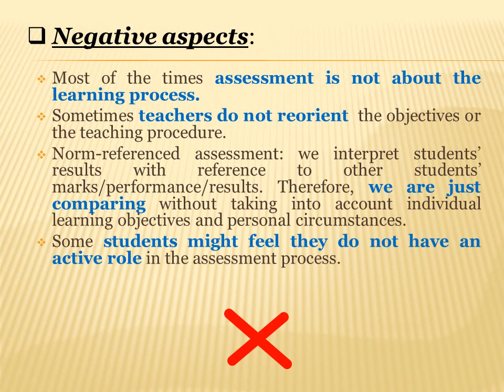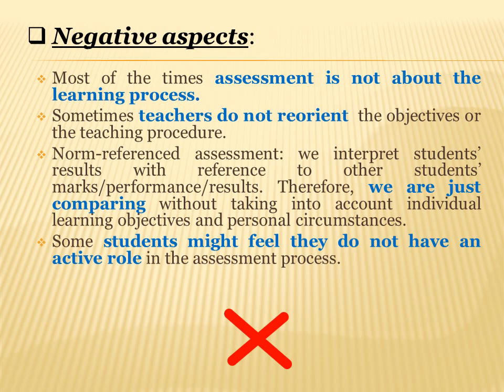In the third point about negative aspects, we need to talk about the situation in which we interpret students' results with reference to other students. So we are comparing some students to another, and we have to take into account that every student is individual and everyone has individual learning objectives and different personal circumstances.